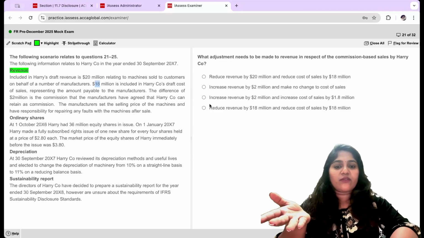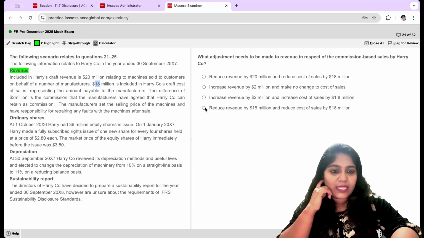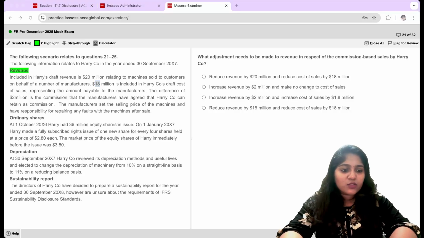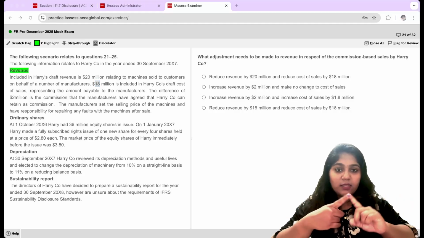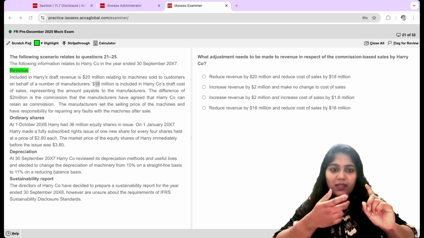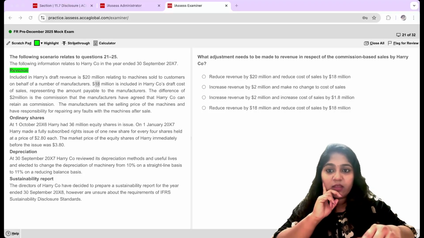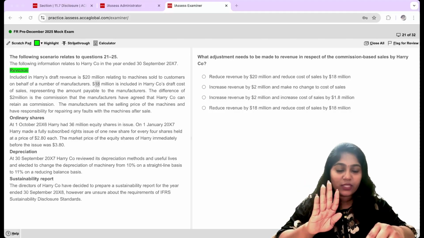Nothing, guys. We just have to reduce my revenue by how much? Reduce my revenue by 18 million and cost of sales by 18 million. What else is there? I don't think any big deal is there. See, reduce revenue by 20 million and reduce cost of sales by 18 million? That's not the case, guys. I have already included 20 million as my revenue, so the 18 million I have to de-recognize.